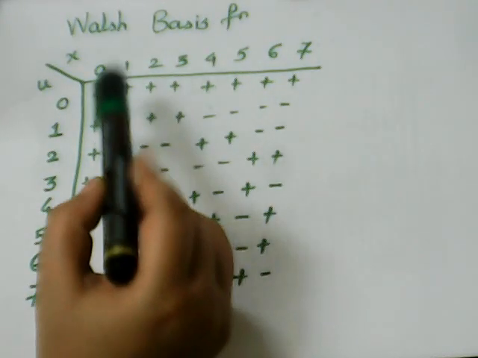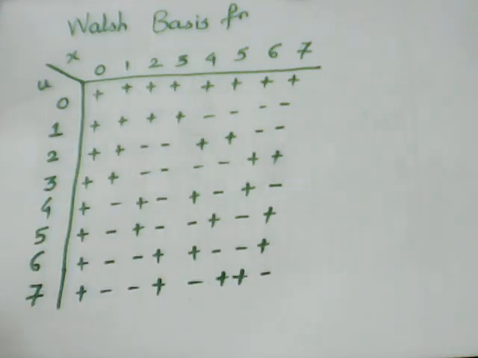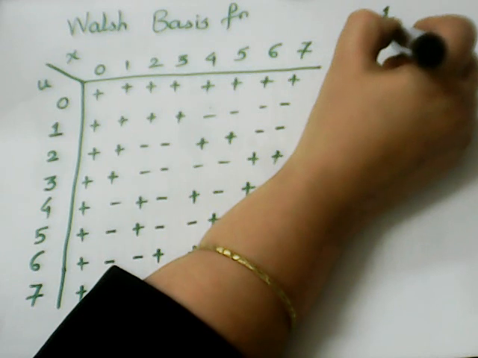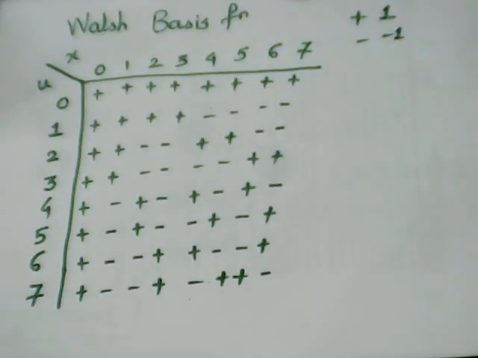Plus represents plus 1, minus represents minus 1. Only two values are there, so it is known as a binary transform.